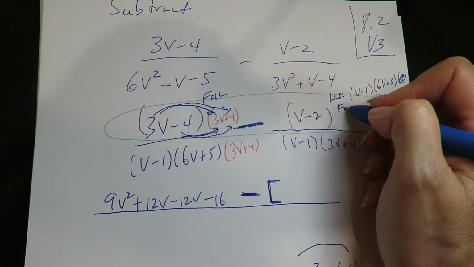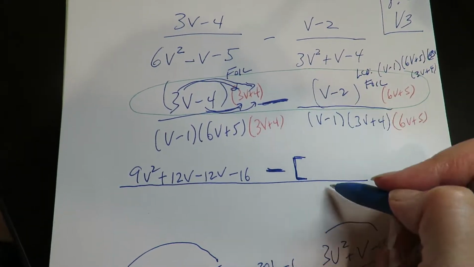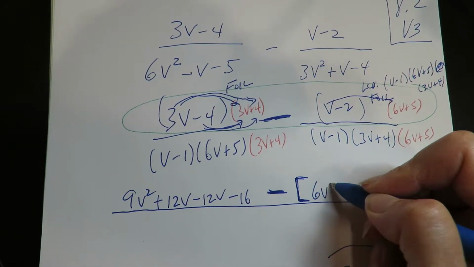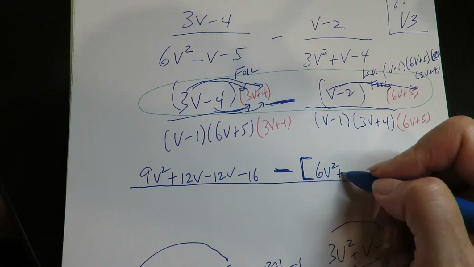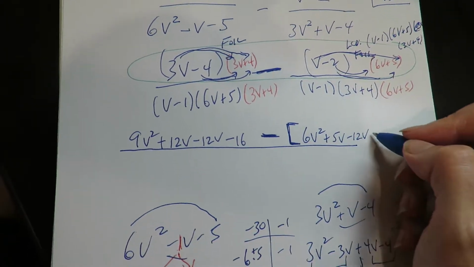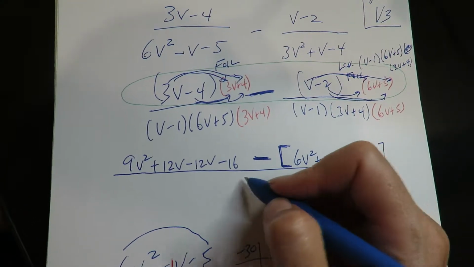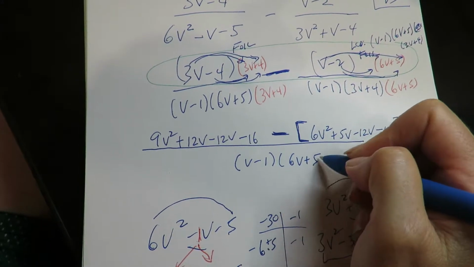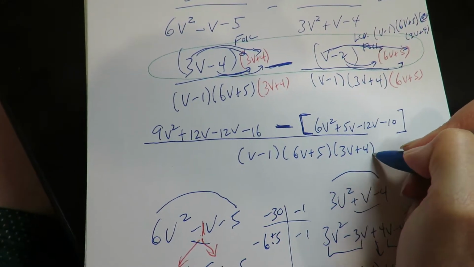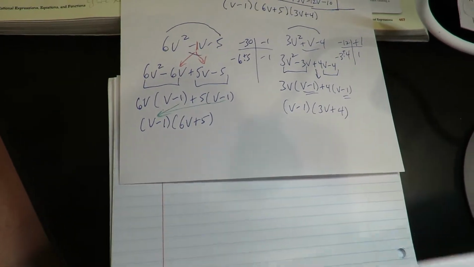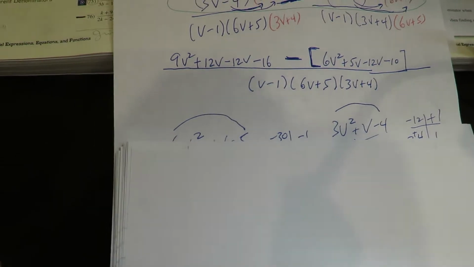So what you want to do is FOIL what's in the back and then make sure you subtract all of it. All right, so let me FOIL. Let's see what we got here.